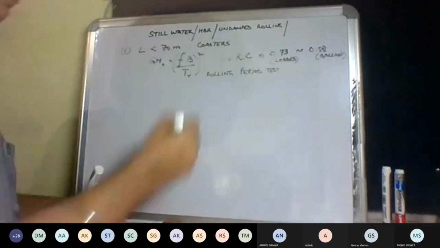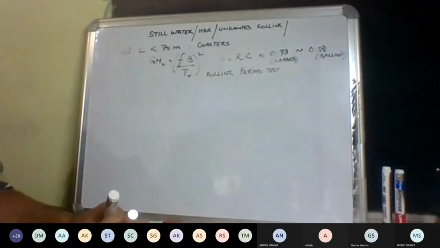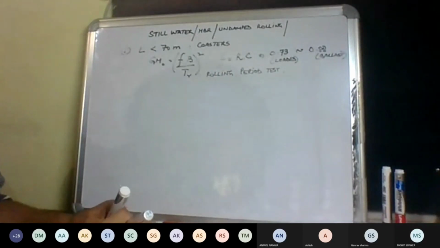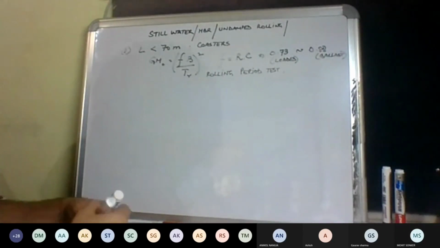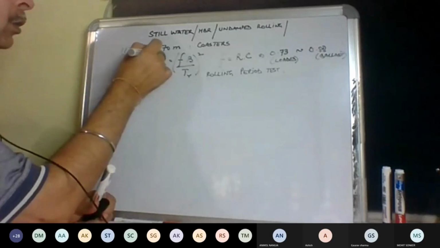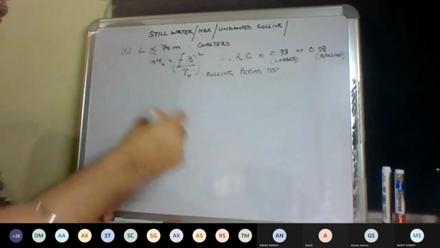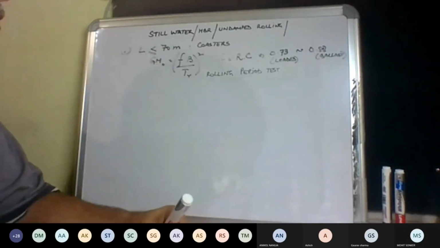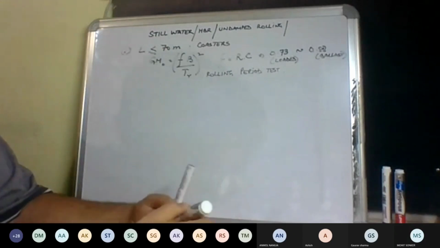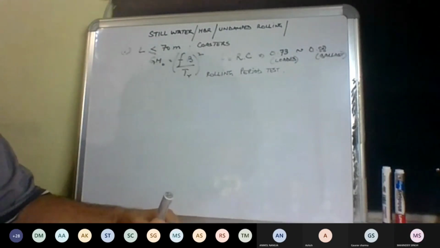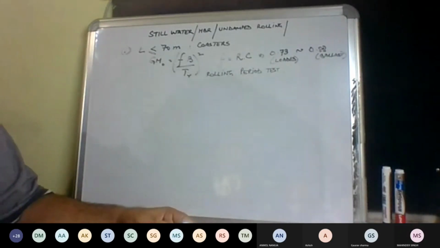It is applicable for vessels which are small in length, that is up to 70 meters, less than or equal to 70 meters. They are also called coasters. F is a rolling coefficient.